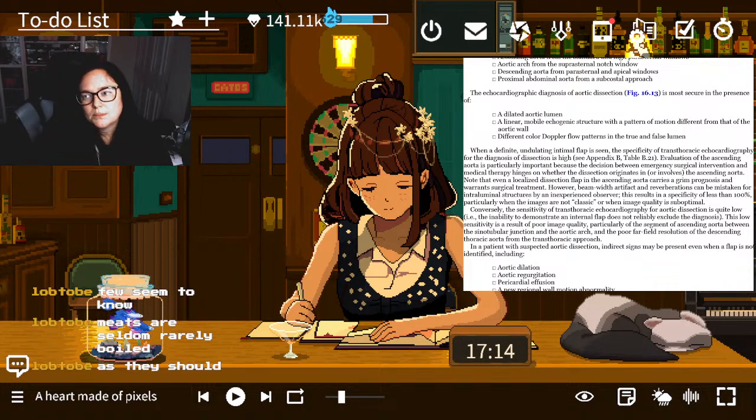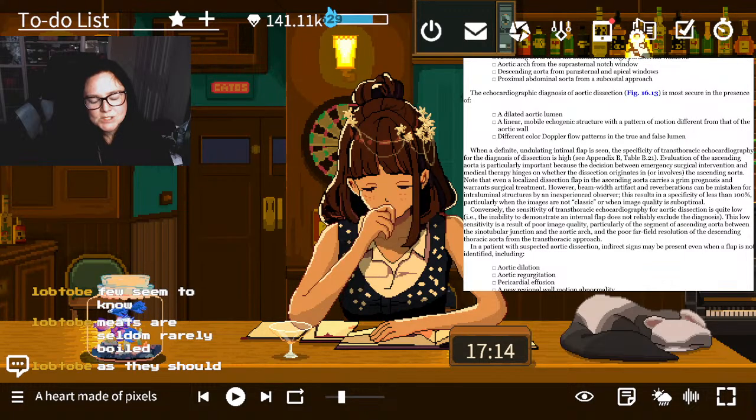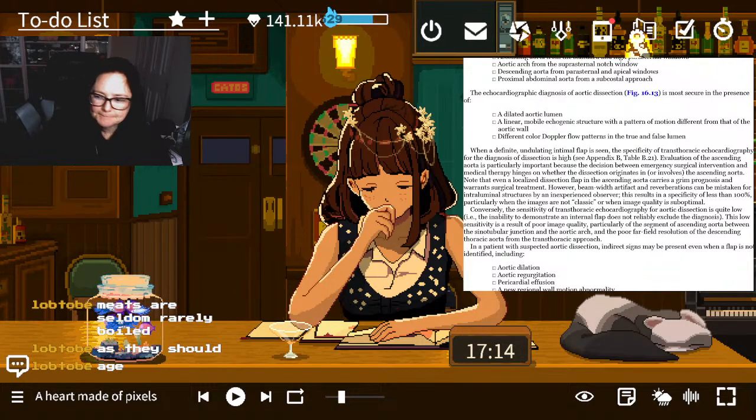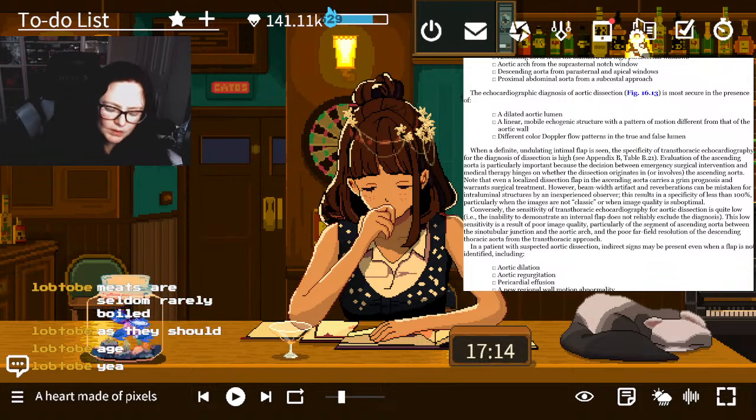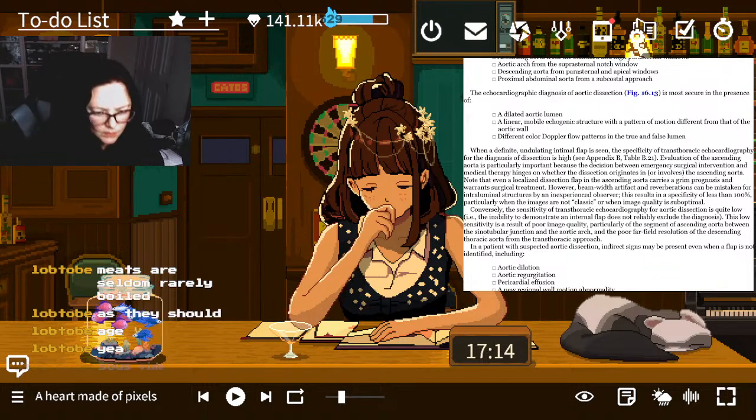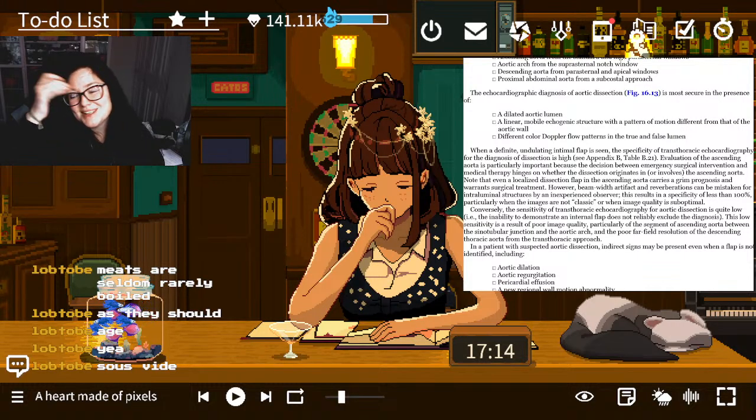You put it in a bag, sous vide. Sous vide steak and just like searing it apparently is very good for you. Like it's easier to digest. It's very good too. It's usually pretty tender. Yeah, sous vide. Yeah, it's pretty good.